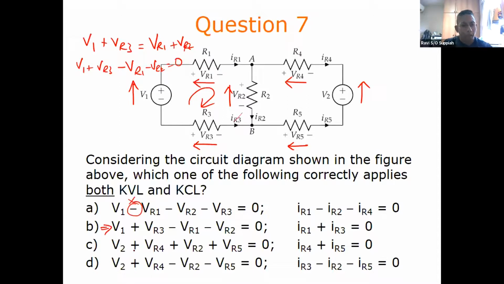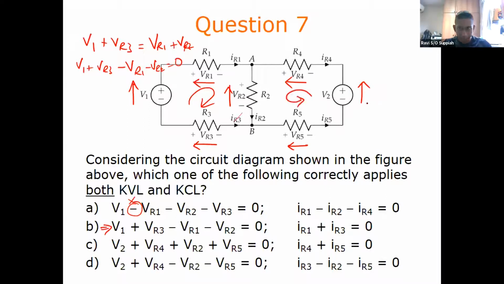For C, let's look at C. You can see that you have another loop here. You can always draw clockwise or anti-clockwise. Usually, it is quite normal to write the equation based on the direction of the supply voltage in that particular loop. So in this case, since my supply voltage is in this direction, I can draw a loop this way.